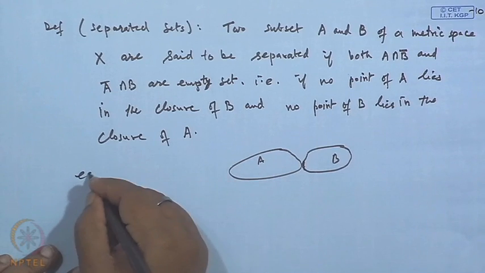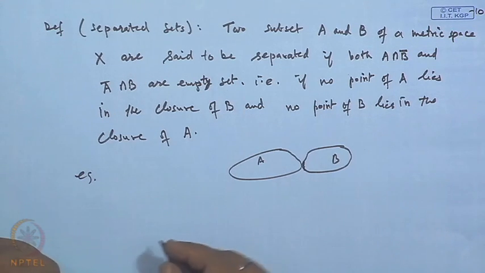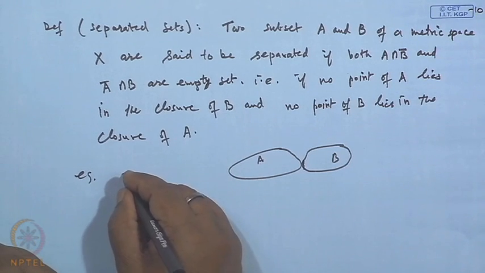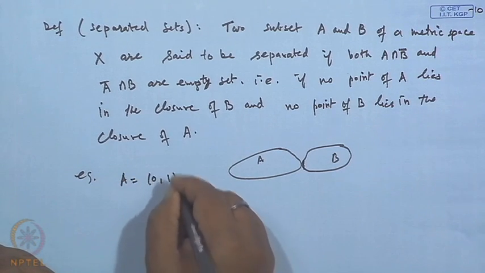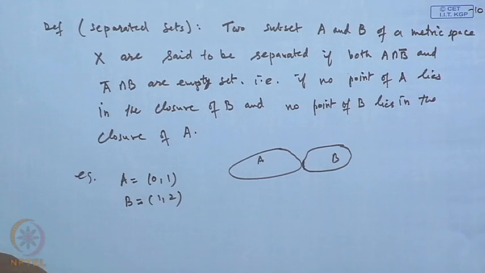For example, suppose I take the set A as 0 1, and B is the set 1 2.